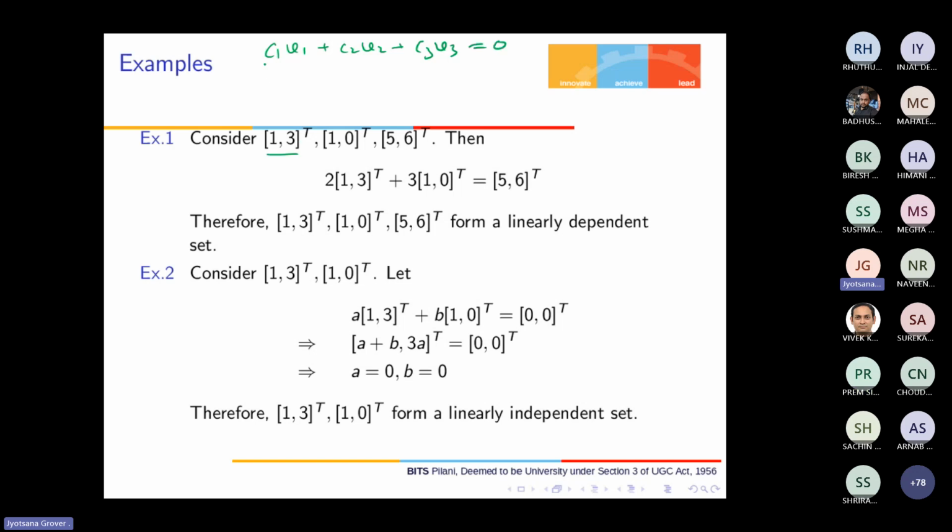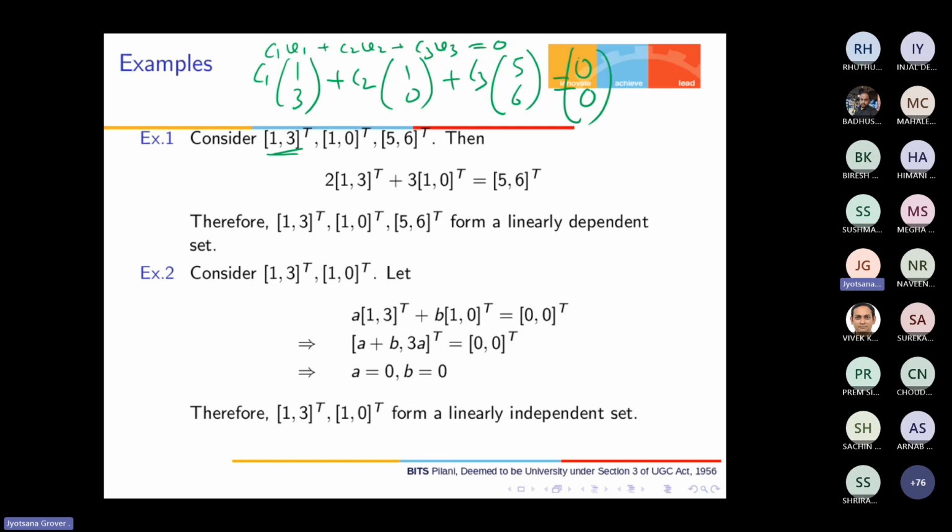So C1 is (1, 3), V1 is this, right? Plus C2 is (1, 0), plus C3 is (5, 6). Now 0 means the zero vector you have to consider, because this is a vector having two components.